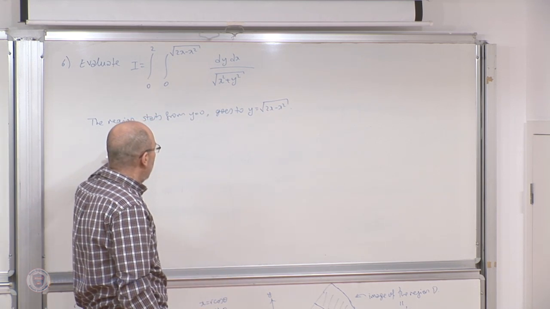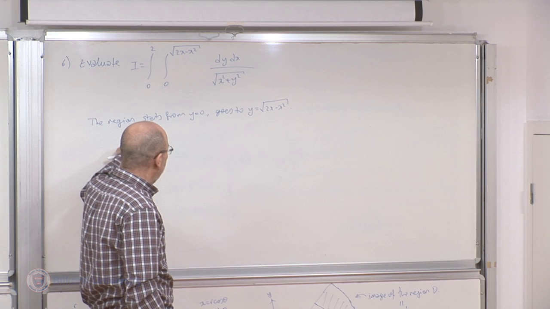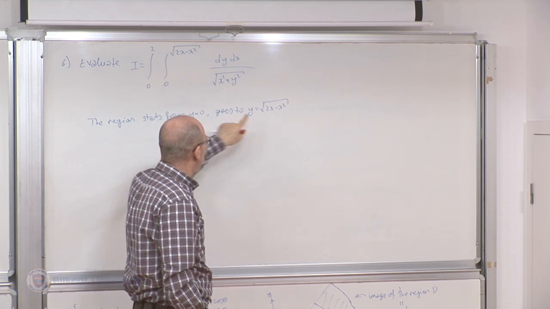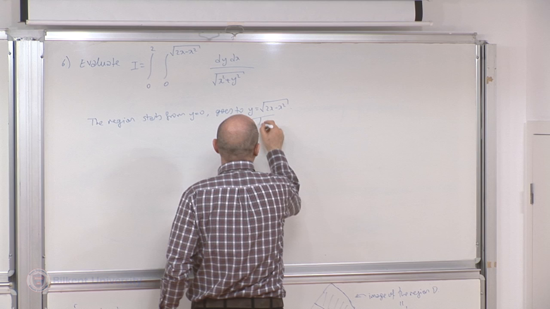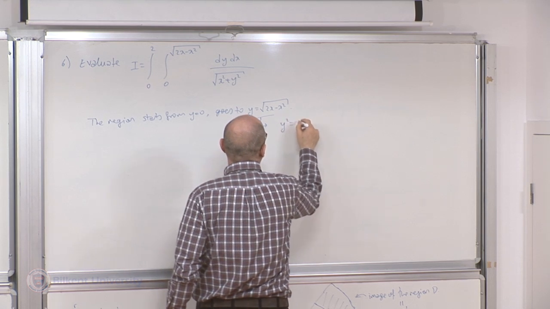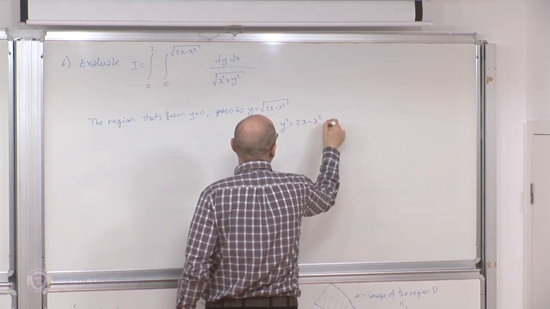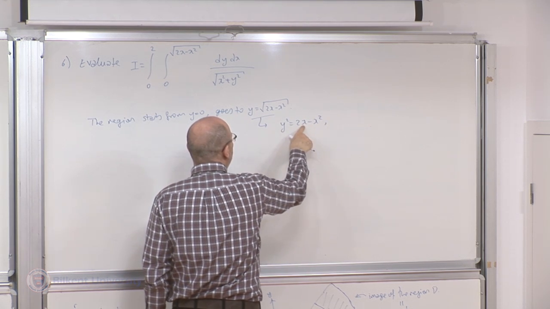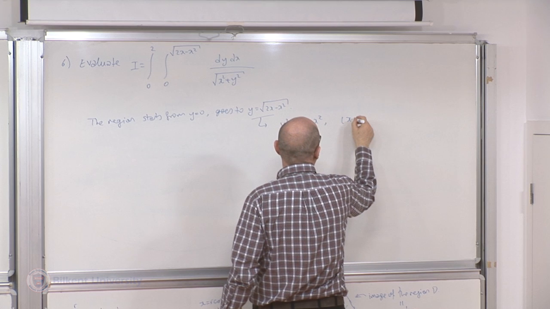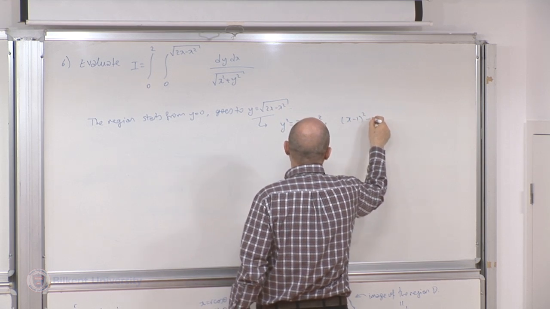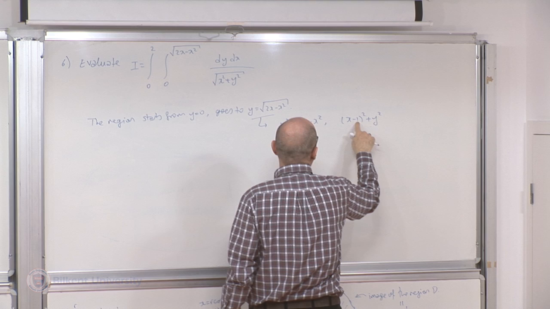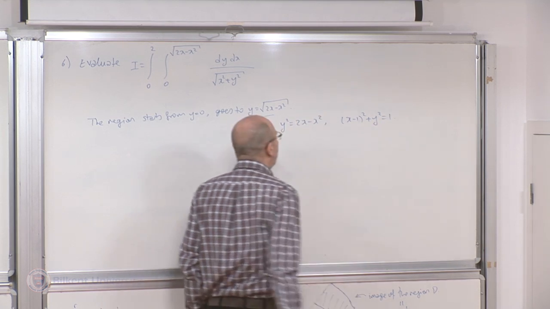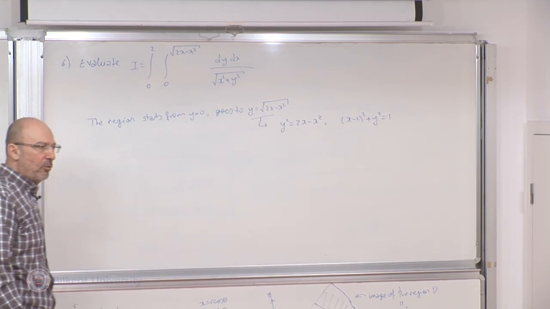This is the x-axis. This is a circle. So y squared is equal to 2x minus x squared. You take everything to this side and see that this is (x minus 1) squared plus y squared. I have an extra one here, so I put that extra one to make it equal.